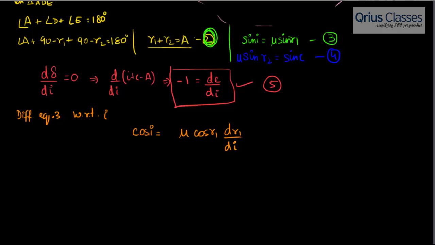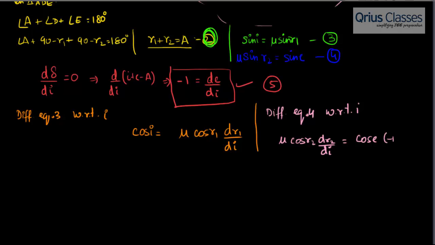Also, let us differentiate equation 4 with respect to I. Mu cos of R2 dr2 by di must be cos of E dE by di, which is minus 1 from equation number 5. This is minus 1.